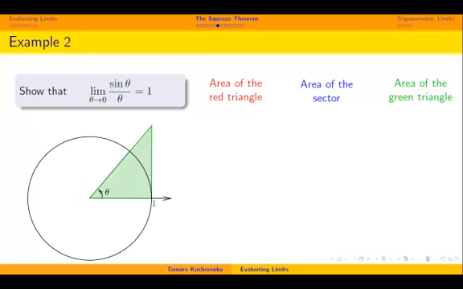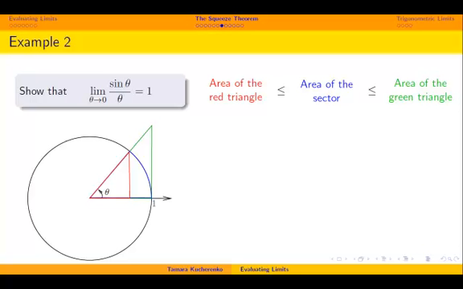It is clear from the picture that the green triangle has the largest area of the three. The red triangle has the smallest area, and the sector is in between.